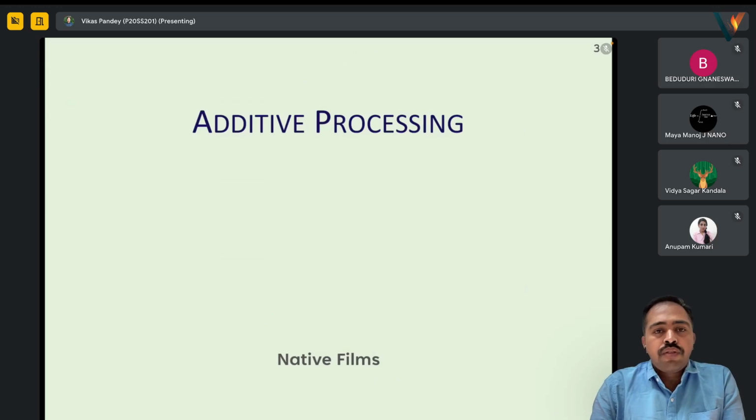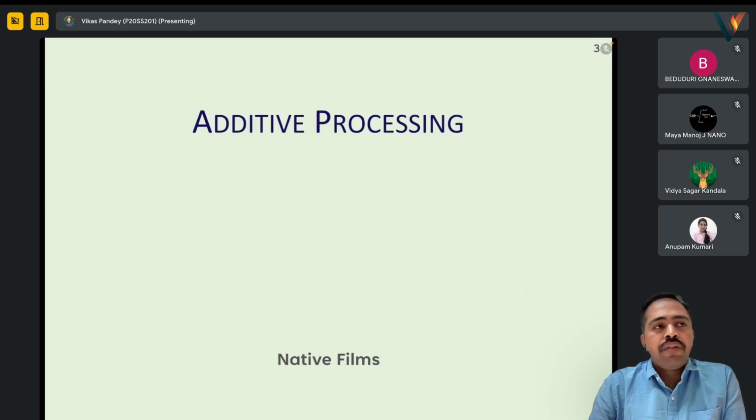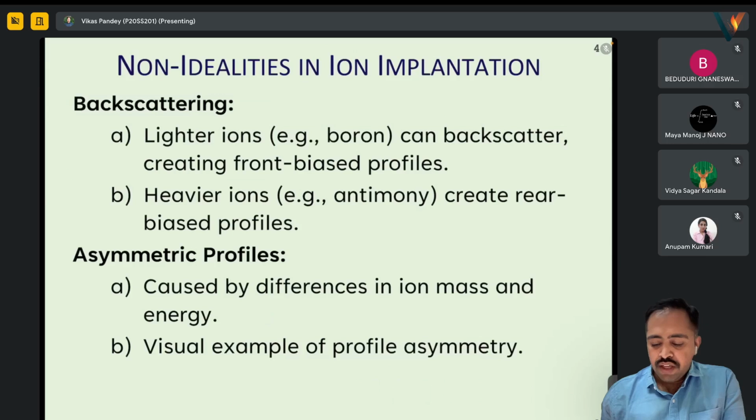Okay. So first we will be covering the summary of the things that have been covered, although it is already there in the lectures. We'll just summarize all the things that have been covered in this week, and then we will go to the questions based on that. Remember in the previous week we covered diffusion and ion implantation.